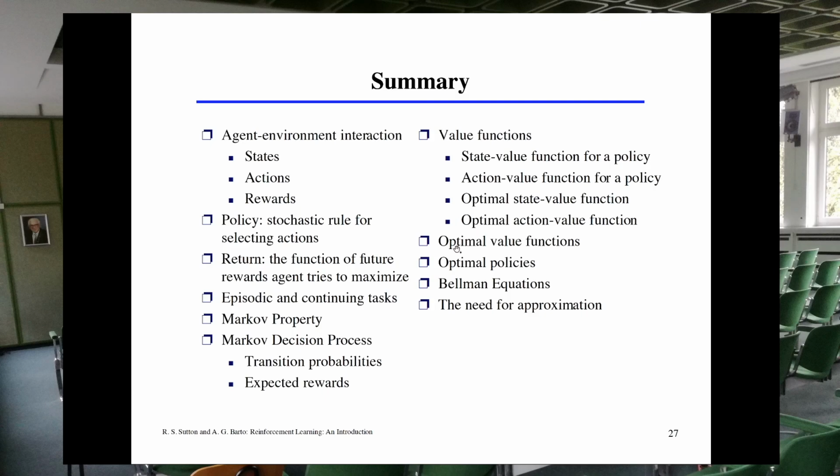We also talked about the optimal policy, which, given an optimal value function, is the policy derived from selecting the best actions based on these values that we have estimated. To solve an MDP, we apply the Bellman equations.